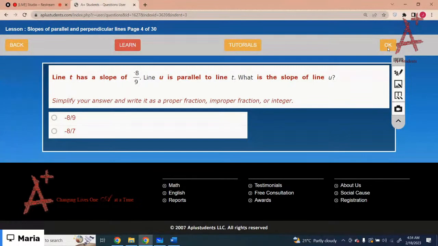So the correct option is that the lines are parallel. Parallel lines have exactly the same slope. So it would be negative 8 over 9. Got it?